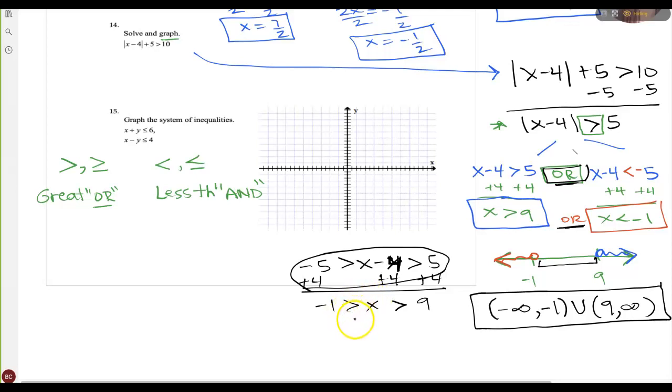Well, I can see what you're saying. If you separated these out, then you'd get this. But this really says x is between those two numbers, and x isn't between those two numbers. It's everything else. If you looked at it separately, that's why I write it down separately, because really these two are separate.